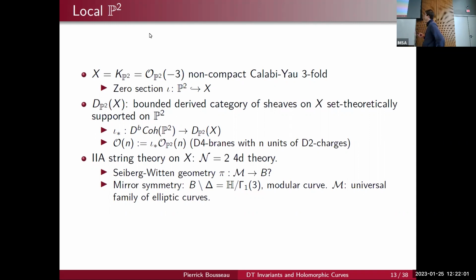And here the category we consider is D_P2(X), the bounded derived category of coherent sheaves on X, which are set-theoretically supported on P2. They are coherent sheaves on this non-compact Calabi-Yau threefold, but somehow they live near the zero section.